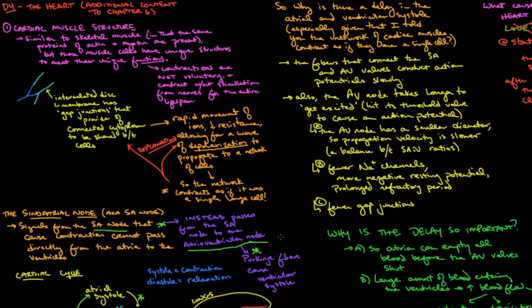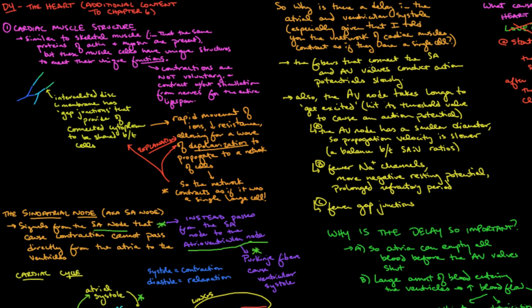So let's go up here. Why is that delay so important? I put a green star next to it. Why is that delay so important, given that I told you that the heart works as a network of cells? Well, really what happens is that the atria work as a network and the ventricles work as a network that contract within each network. The fibers that connect the SA node and the AV node conduct that action potential slowly.